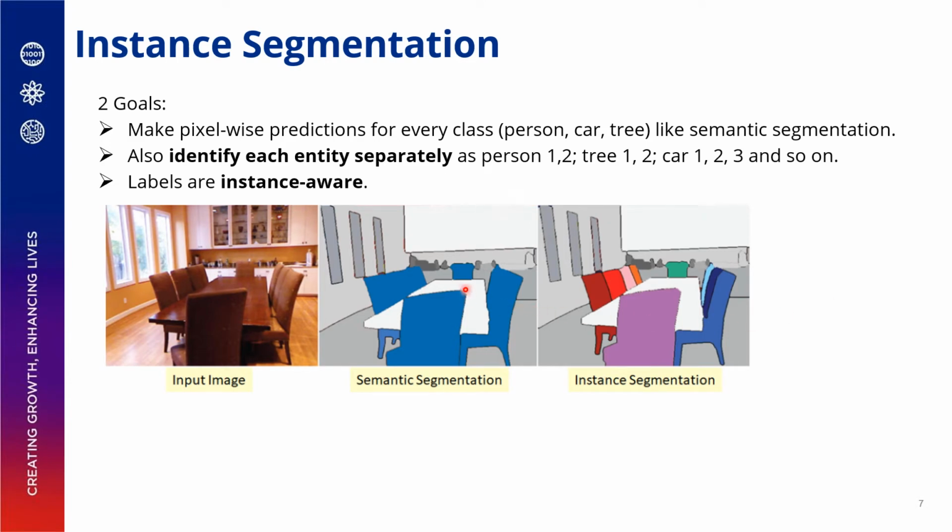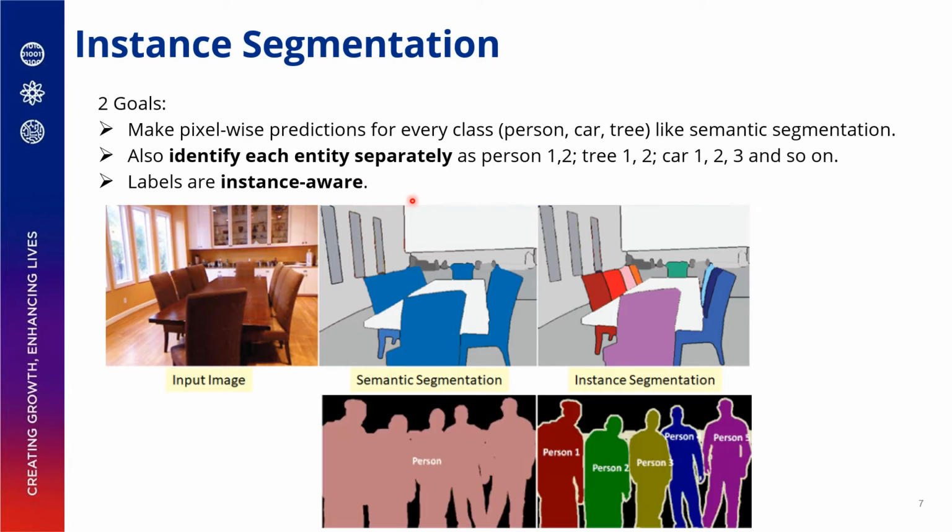In semantic segmentation, maybe you're just looking for table, chairs, walls and windows, let's say. However, for instance segmentation, you would want to label all the chairs as different instances, like chair 1, chair 2, chair 3, person 1, person 2, tree 1, tree 2, and so on. So all the labels are instance aware as well, right?